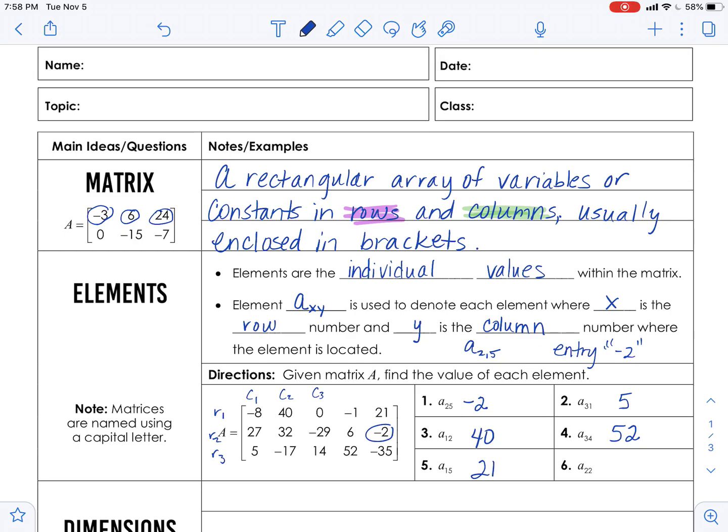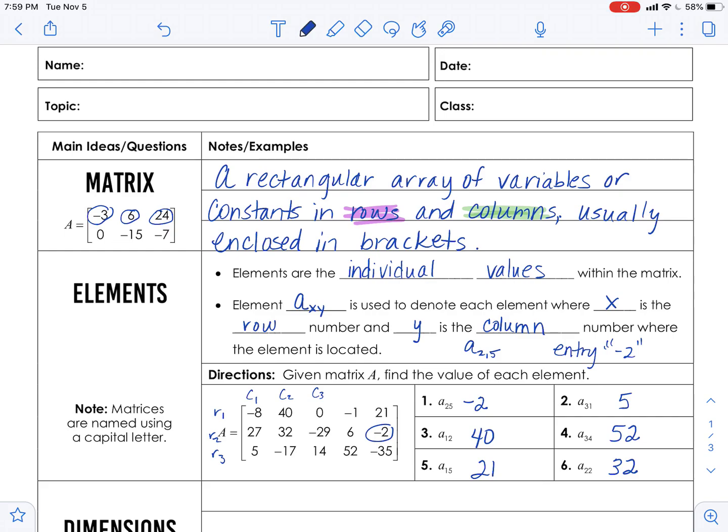And 2,2 is 32. Okay, so make sure again that you can understand how to find each of the different entries, the elements that are there.